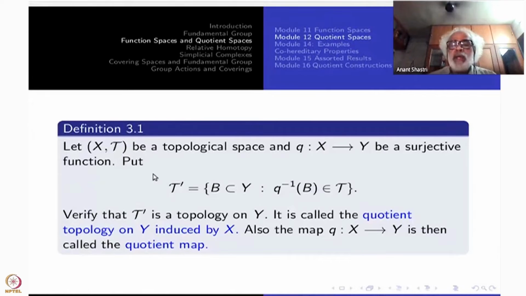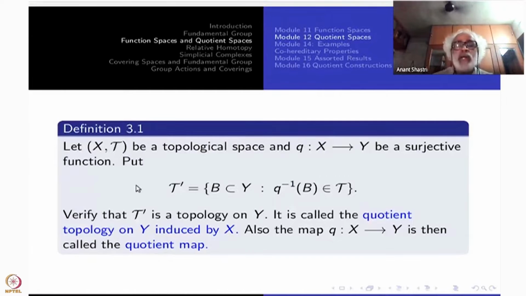We want to make Y into a topological space such that Q becomes continuous, and this we want to do in an optimum way. How many open sets can we put? As many as possible. That's the whole idea.